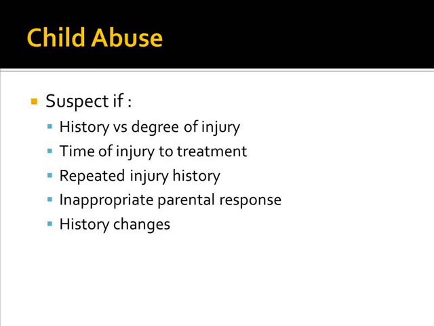It should also be suspected if the parents show an inappropriate response, are disinterested, or give a history that does not tally with the injury, and if the history changes from one parent or guardian to another.